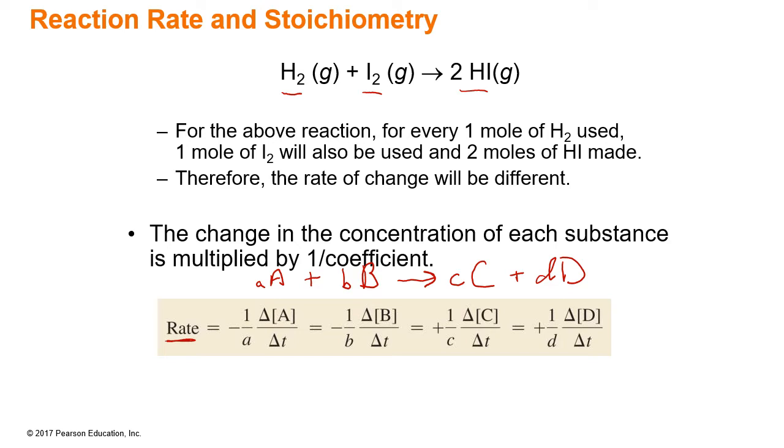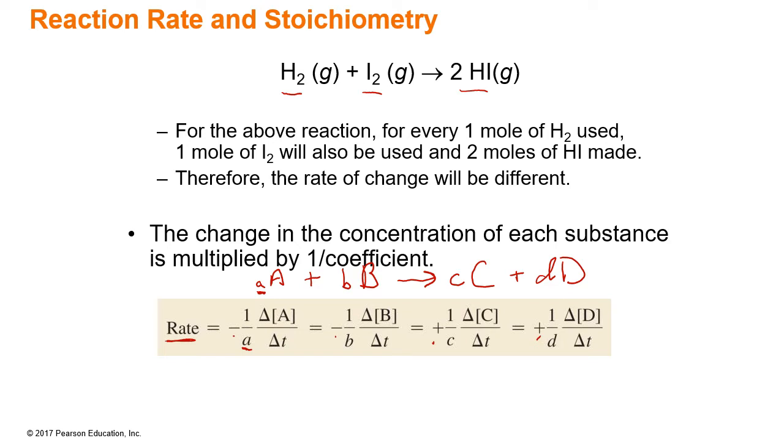We know that A and B are reactants because there is a negative sign for A and B. We know C and D are products because there are positive signs. We're forming those. The lowercase a we use as a coefficient to help us maintain that rate to be the same for all of our reactants and products.